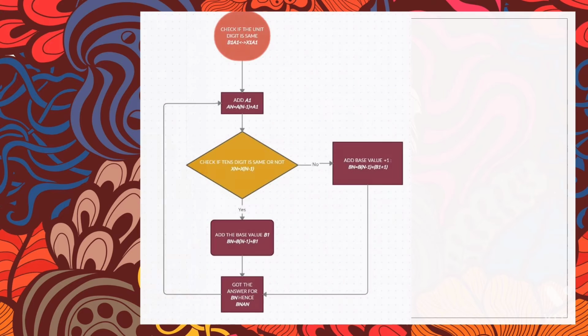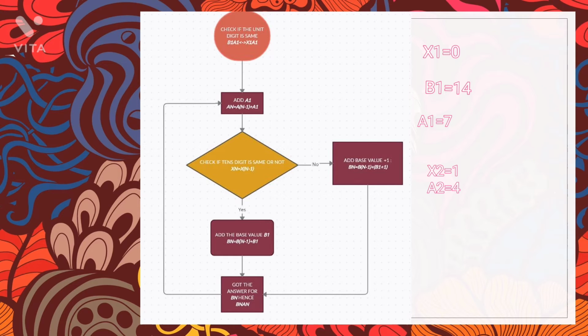Following is the flowchart of the theorem. Here we have the initial values x1 equals 0, b1 equals 14 and a1 equals 7. For the next step of multiplication, we add a1 to the initial value to get our values of x2 and a2. Now we check if x1 equals x2 or not.